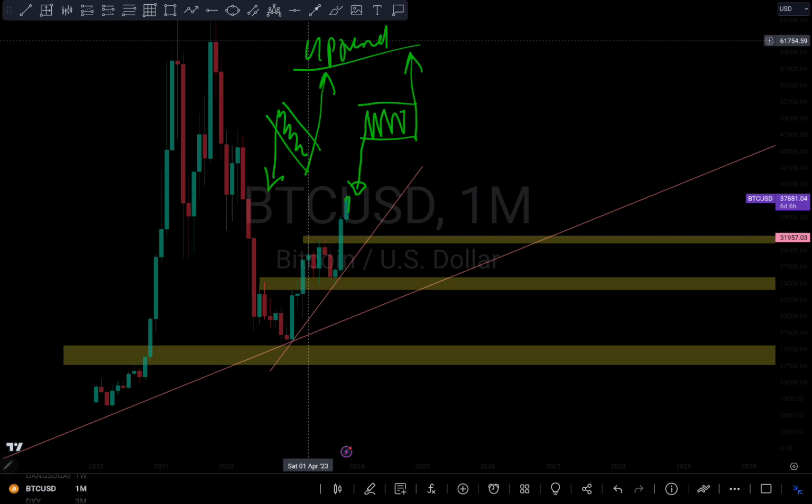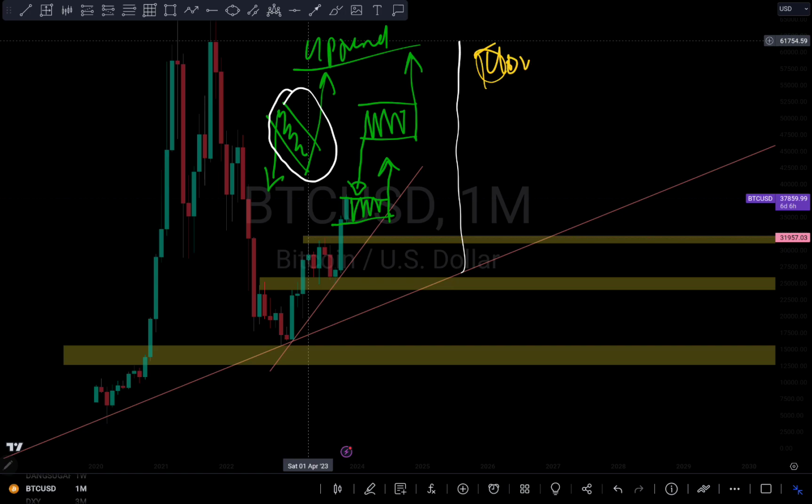So sometimes it doesn't actually have to be a descending correction before pushing to the upside. It can be a rectangular correction, consolidating like this for a continuation to the upside. So that is also an uptrend. The majority of people know correction as a descending correction, but it can be descending or rectangular.